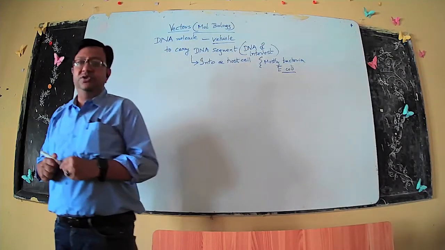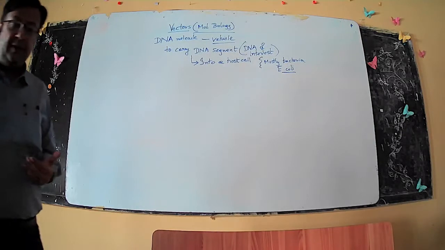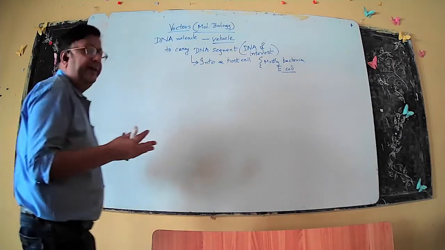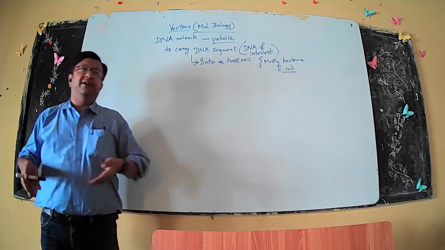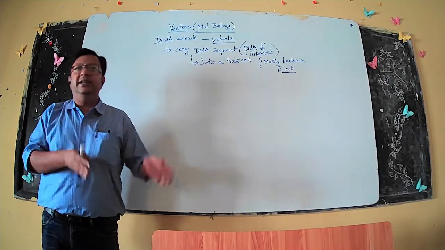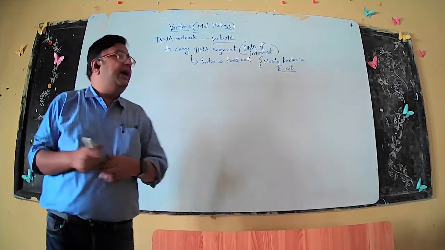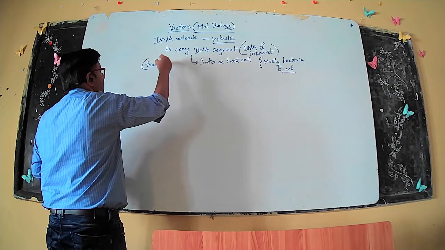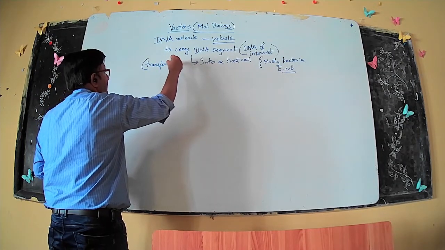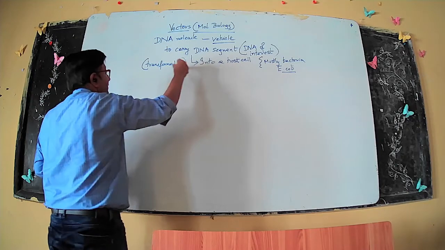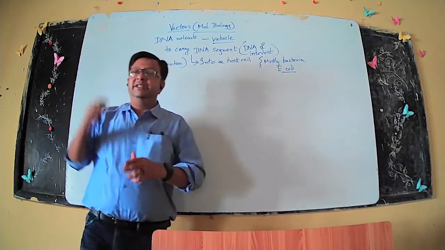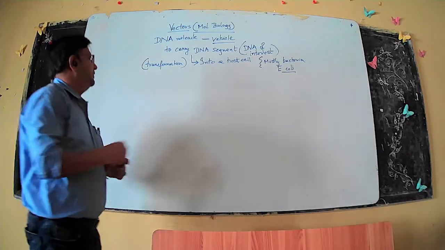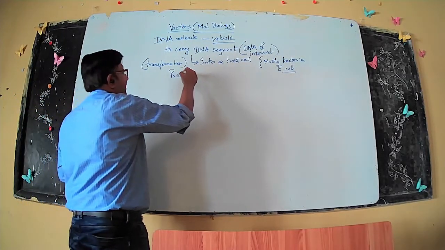E. coli is used most widely. So a DNA of interest is being carried from outside into a cell, and this process is known as transformation. It is a part of molecular biology or recombinant DNA technology.